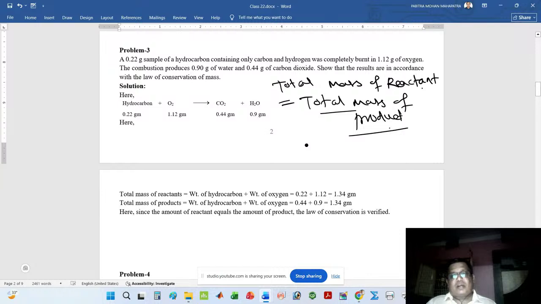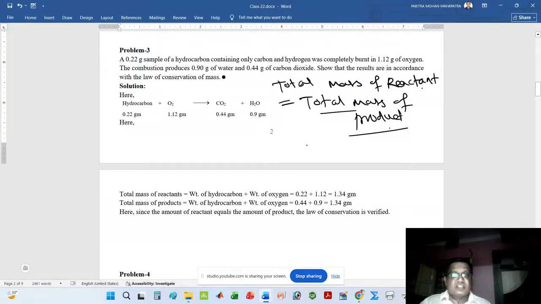If the total mass of the reactants is not equal to the total mass of the products, I cannot say that the law of conservation of mass is verified. So our target is to find the total mass of the reactants and the total mass of the products, and verify whether they are equal.